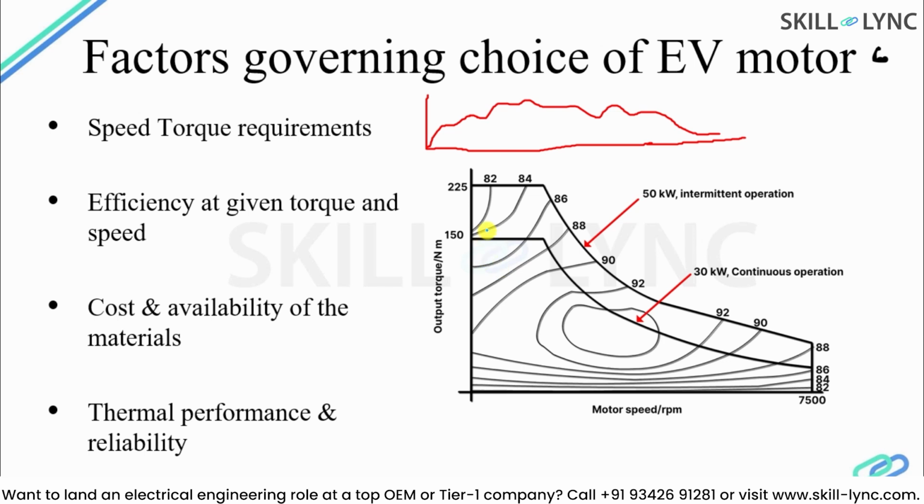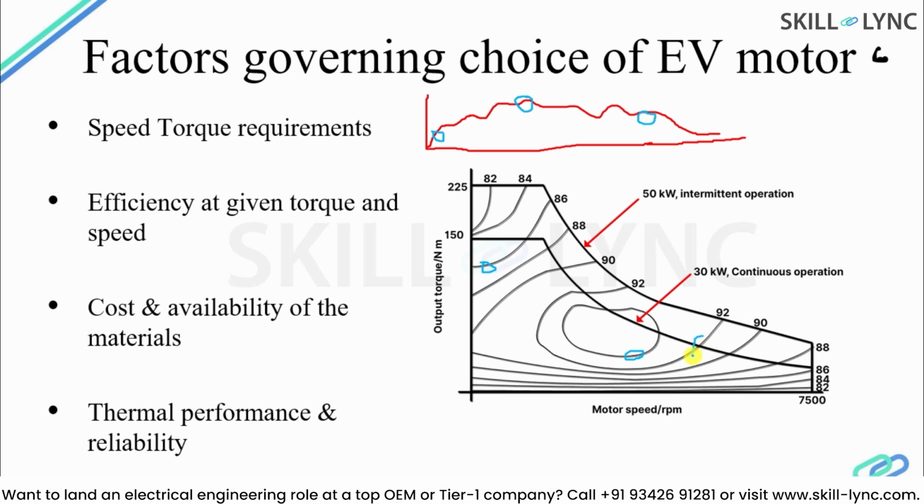Some points during acceleration can be located over here, at probably this duration of time. Where we have the peak speed, those points can be located over here, where the torque requirement is not much but the speed is very high.